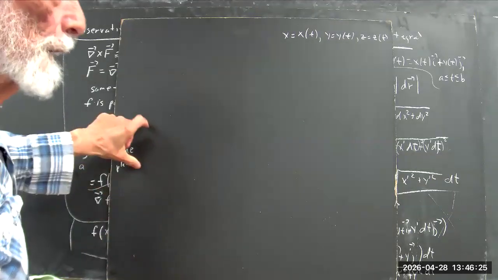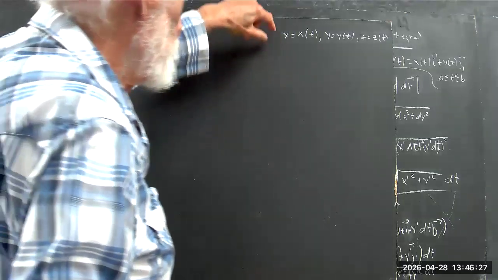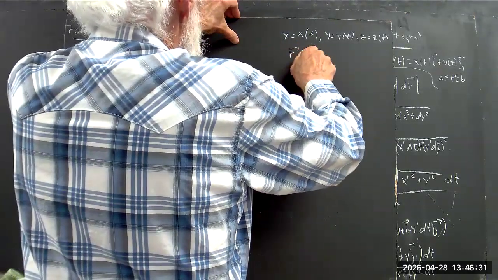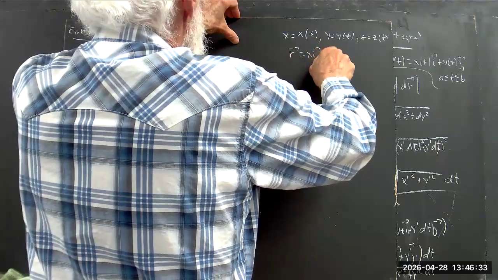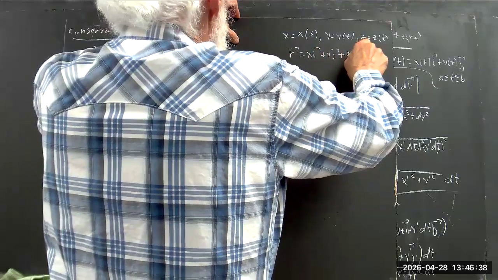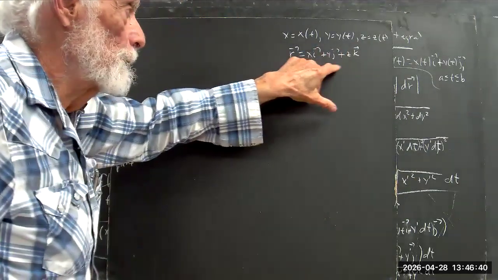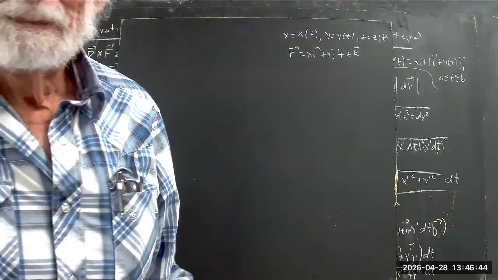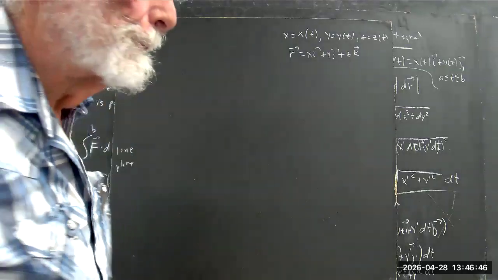Two things I didn't mention, I just wrote down to remind myself, we'll get to it. Your R vector is xi plus yj plus zk, where the t dependence is implicit.